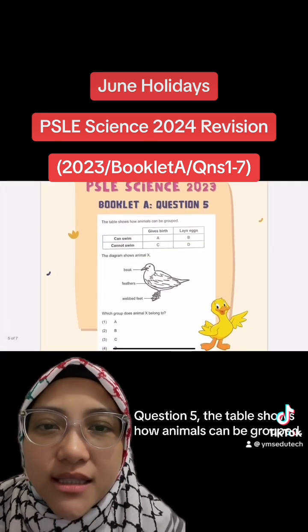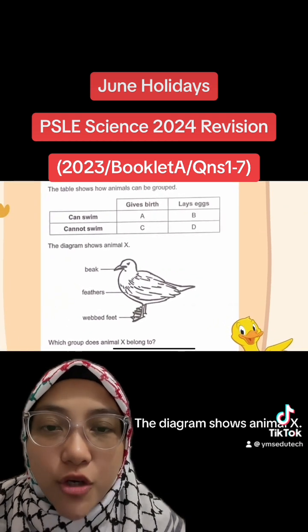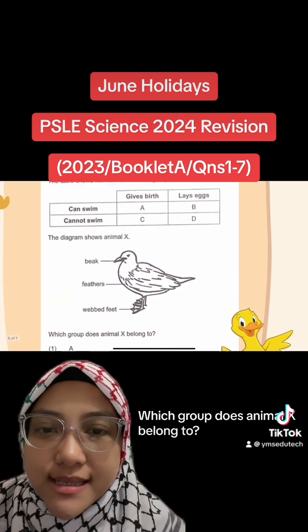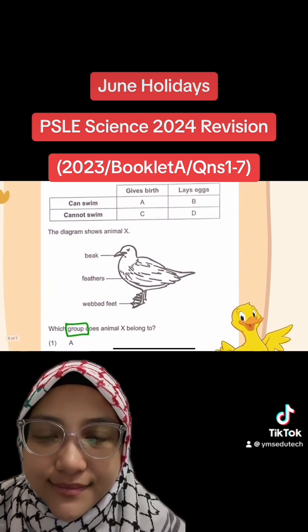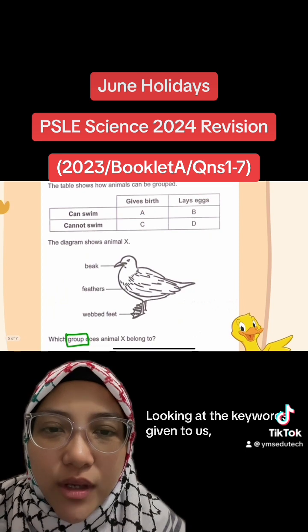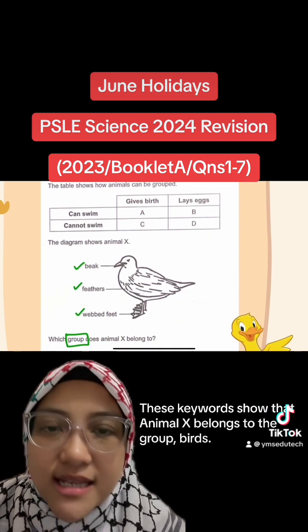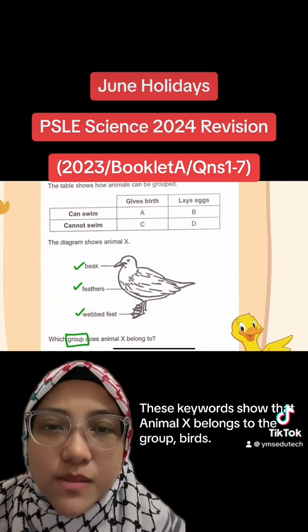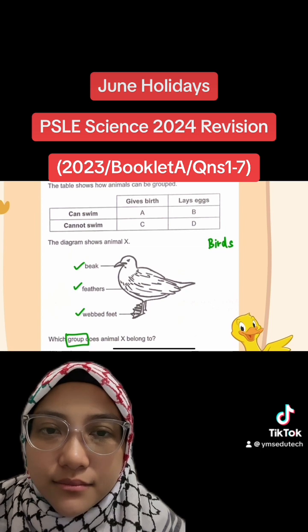Question 5. The table shows how animals can be grouped. The diagram shows animal X. Which group does animal X belong to? Looking at the keywords given to us, beak, feathers, and webbed feet, these keywords show that animal X belongs to the group birds.